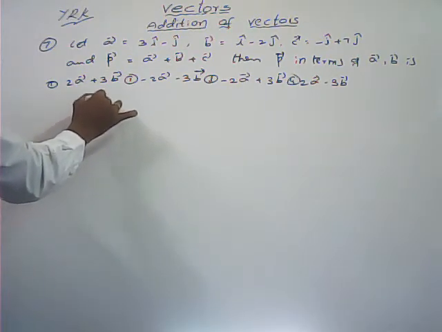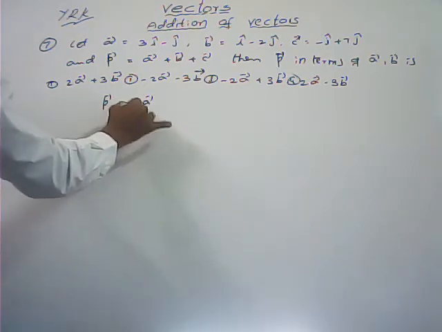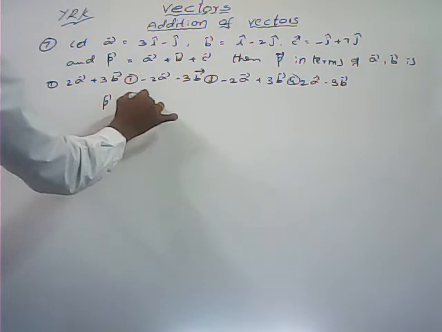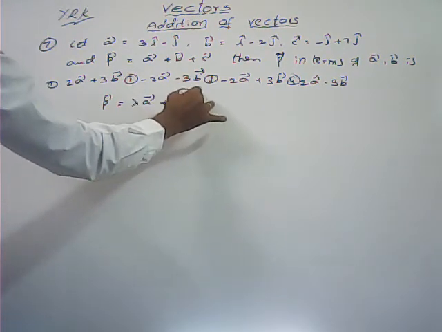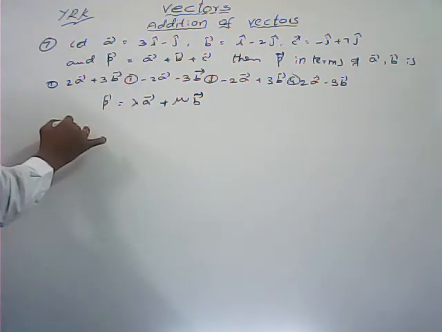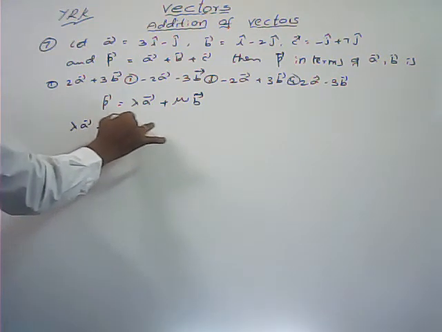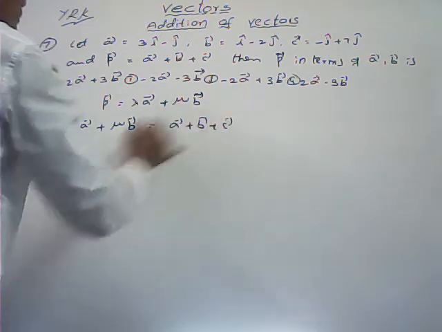P bar I am taking as lambda A bar plus mu B bar; otherwise you can take different notations. You can express P bar in terms of lambda and mu. So in the place of P bar I can write lambda A bar plus mu into B bar, that is equal to A bar plus B bar plus C bar.